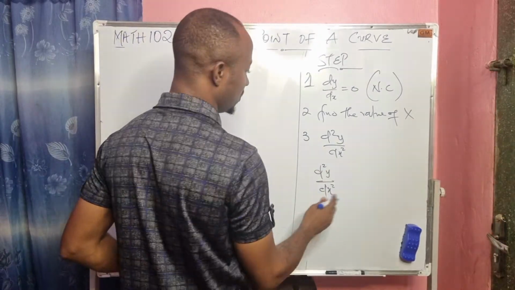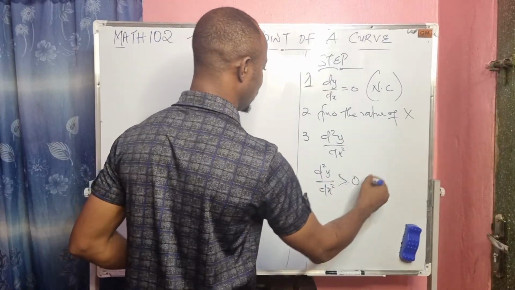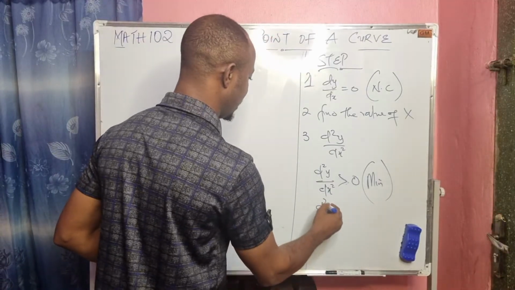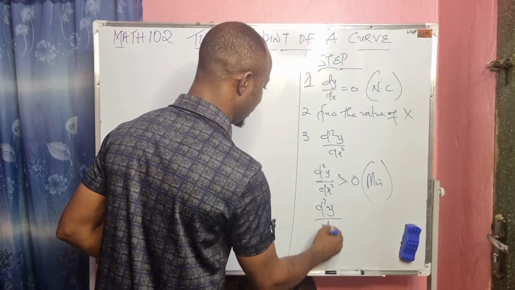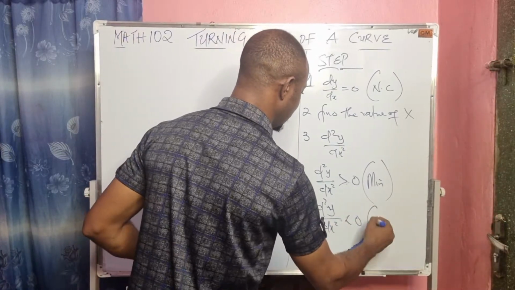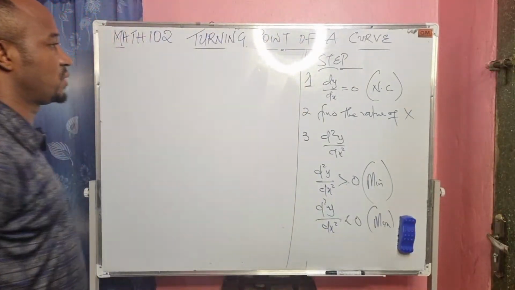If d2y/dx squared is greater than 0, this is a minimum turning point. If d2y/dx squared is less than 0, this is called the maximum turning point. Don't forget, these are the steps we mentioned.